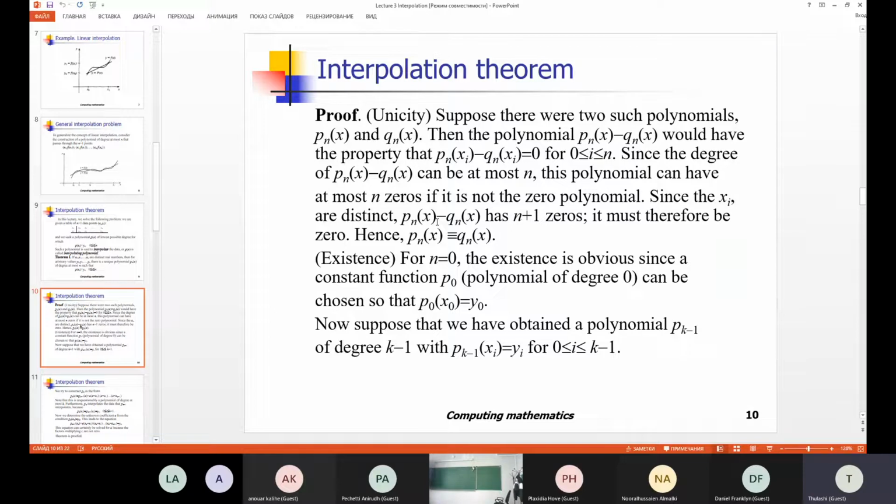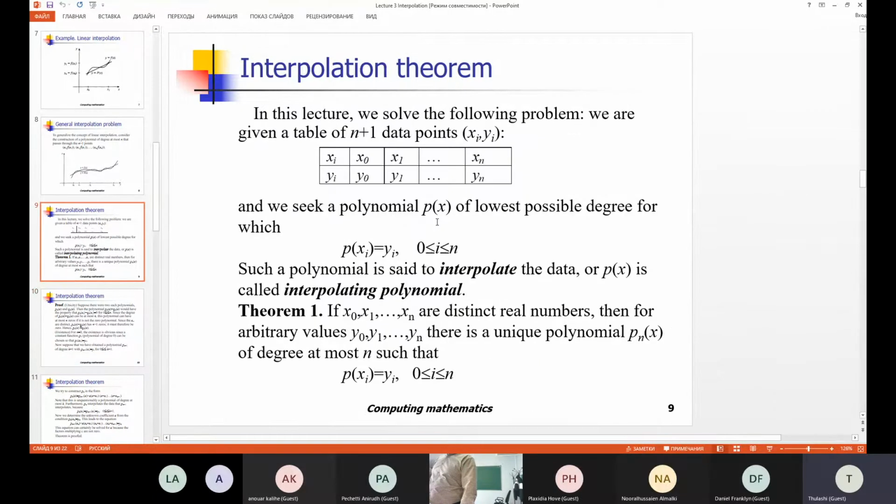Suppose that there are 2 polynomials, Pn and Qn. On the previous slide, one of the statements of this theorem is that this polynomial is unique. It means that there is only one such polynomial, not 2, not 3, but only 1.